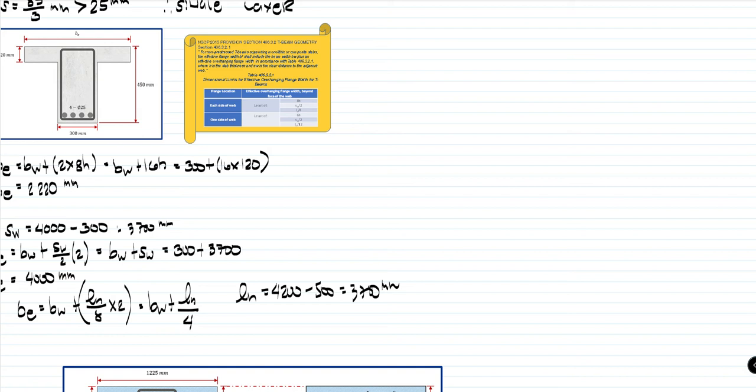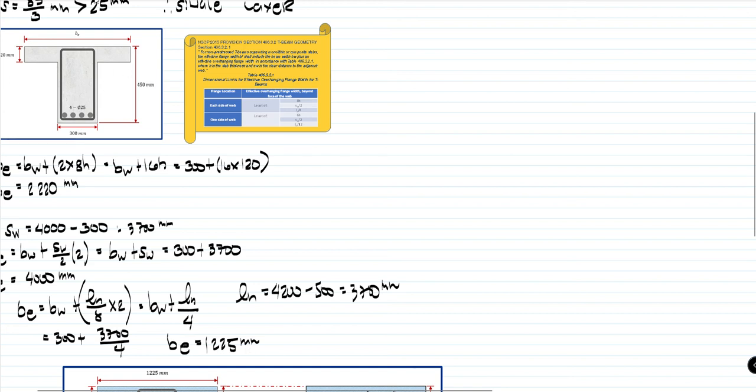Then, substituting this one to our equation, we have 300 plus 3,700 over 4. So, that will be a value of BE equivalent to 1,225 mm. So, ito na ngayon yung ating effective flange width for the third condition.